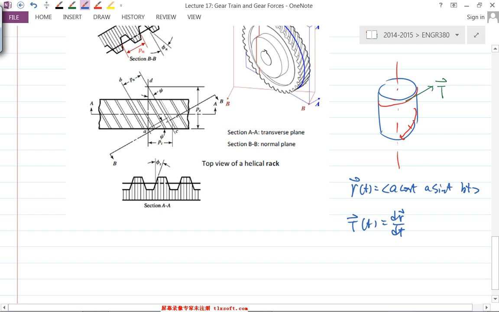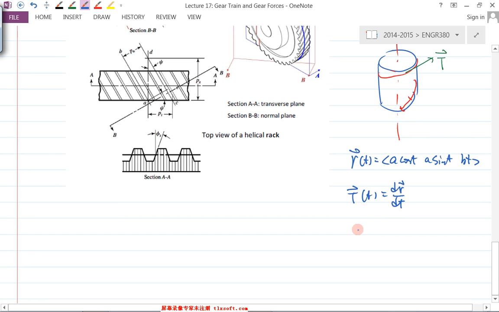And this tangent vector will form a constant angle with the vertical axis, let's say the z-axis. That angle can be calculated, which is this. So that's the constant angle between the tangent vector and the vertical axis.